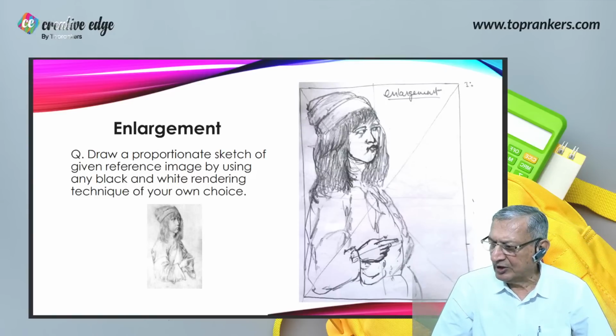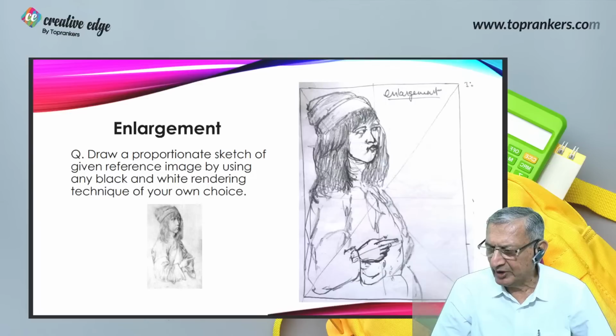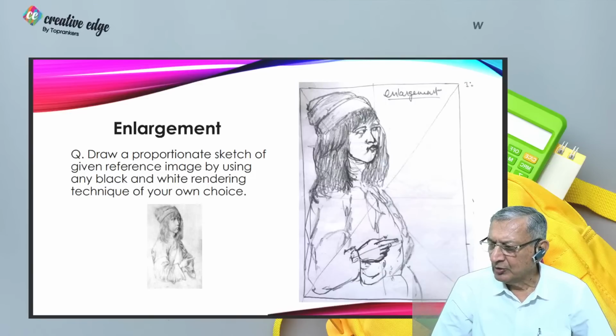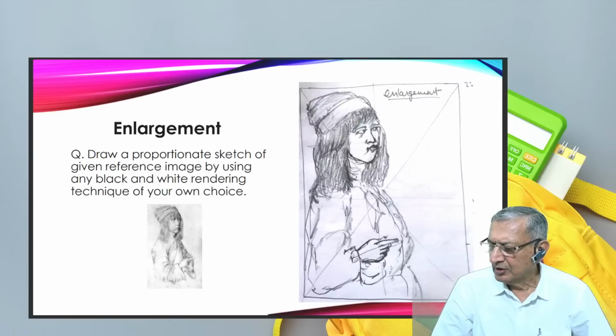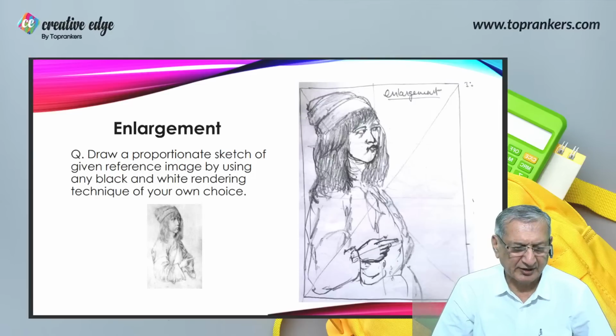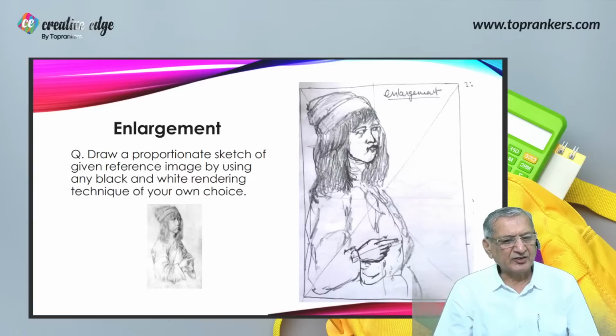And once you have assessed where exactly the face exists, then you use your knowledge of human figure proportion, because as we say, head to chin is one head, chin to epigastrium or the breast line is two heads, breast to the navel is third, navel to groin is fourth head. So you don't get a portrait up to the fourth head, you hardly get it up to the third head, that is navel.